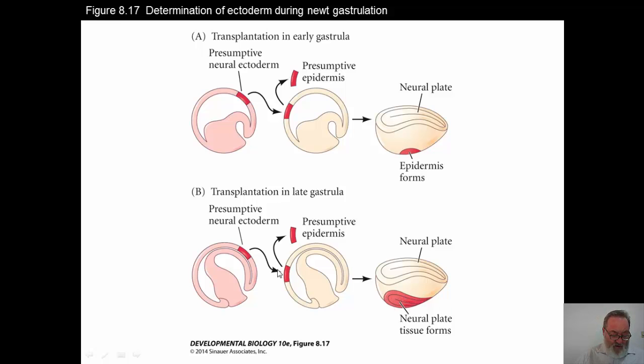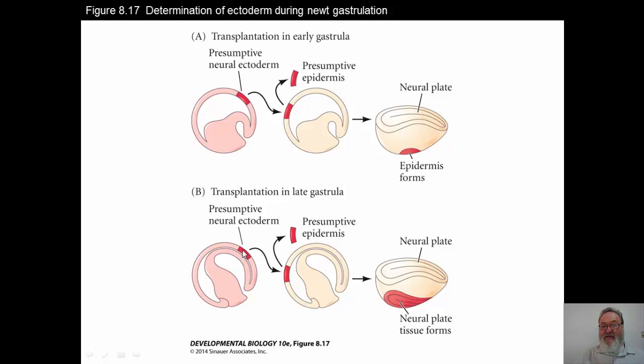What this said was, at this later stage, development was autonomous. It took place because this had already been determined. So in the first case, the cells of the early newt gastrula exhibited conditional differentiation. In other words, they were induction dependent and would be induced by the surrounding tissues. And again, at the later stage, this tissue has already been induced and committed to form neural ectoderm.